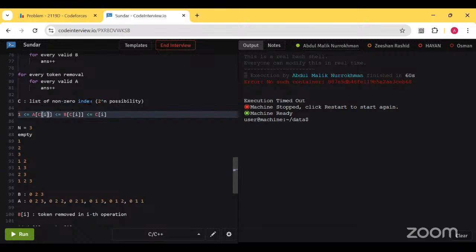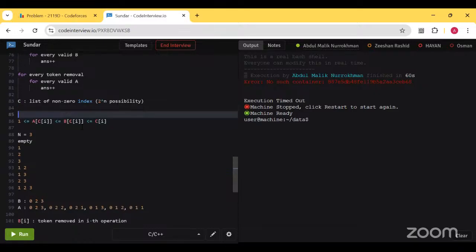But for each index in array C, we want to make the value like this. It is just like the previous formula, but we change the index into C. All right.